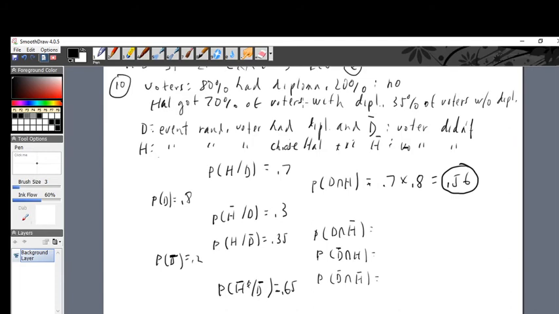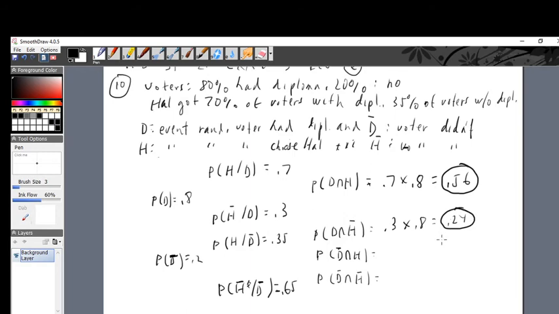How many people with the diploma? Hal got 70% of the voters with the diploma. So 30% he didn't get, right? 30% of those people with the diploma he didn't get. That would be 0.3 times the 0.8 that have diplomas. 30% of those diploma people he did not get. So 0.3 times 0.8 is equal to 0.24.